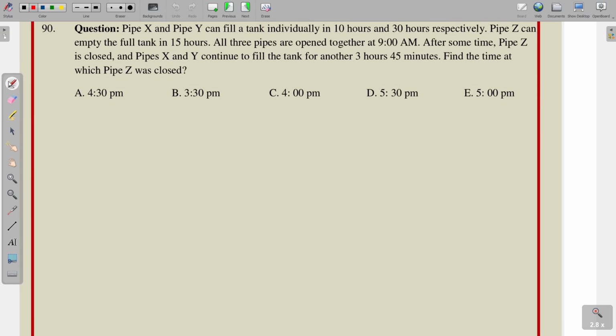Pipe x, y, 10 hours, 30 hours. So, Z can empty. After LCM, this is 30, so 3 liters is the efficiency, 1 liter is the efficiency, 2 liters drain like that.